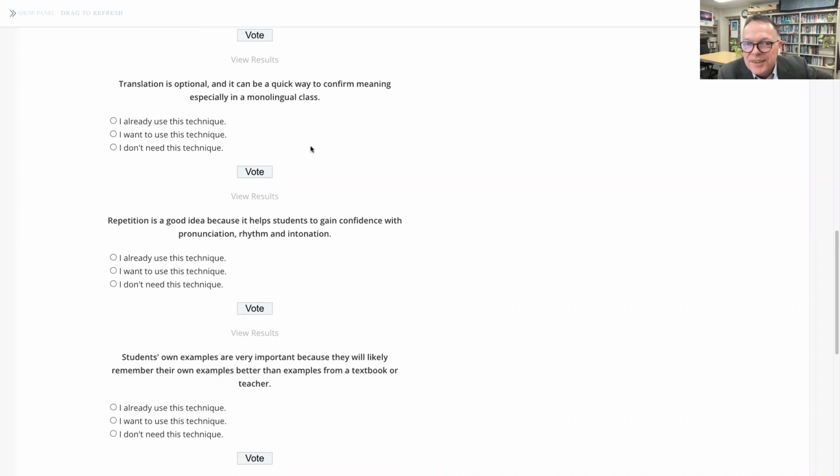So it's called judicious, which means that it's not just off the top of your head, it's with intent. You choose when you use Japanese, or when you use translation.